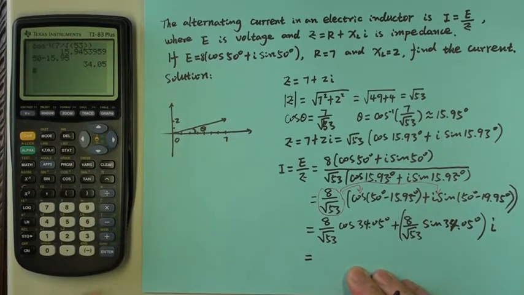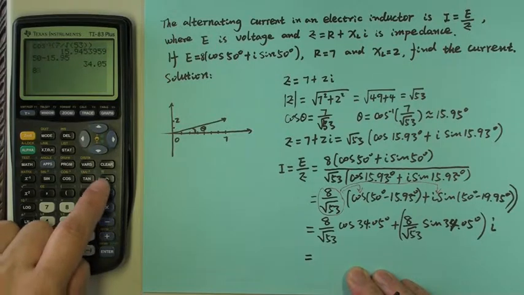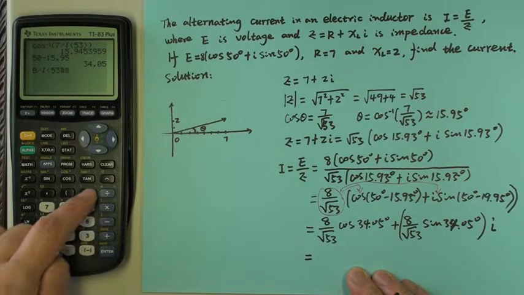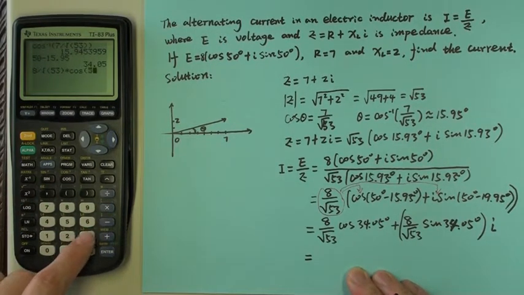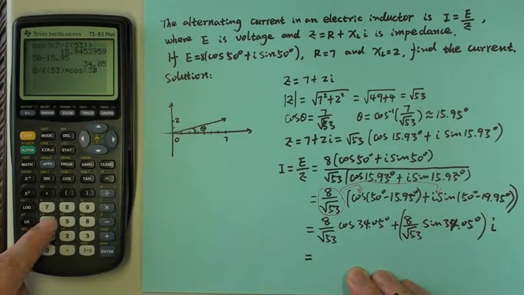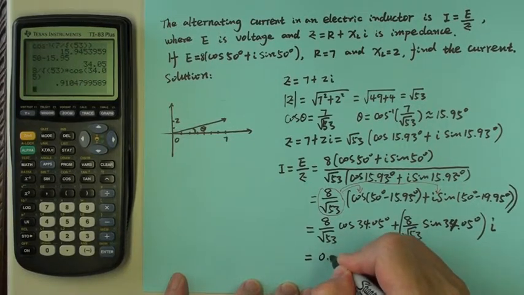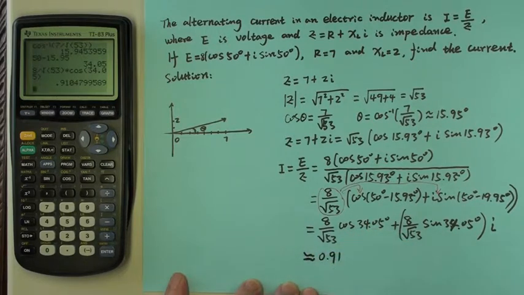So all you want to do is 8 divided by radical 53 times cosine 34.05 degrees. You hit enter, you then have the answer, approximately 0.91.